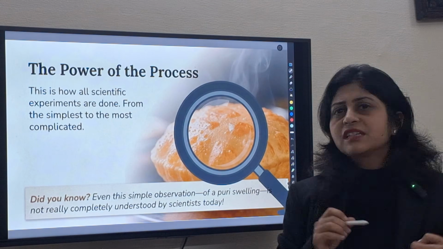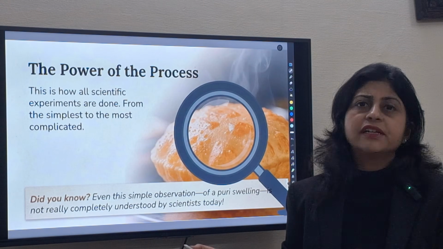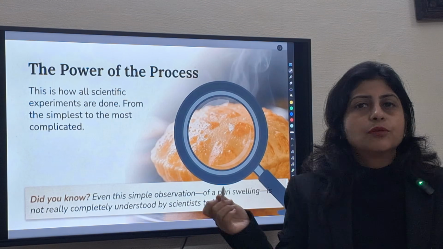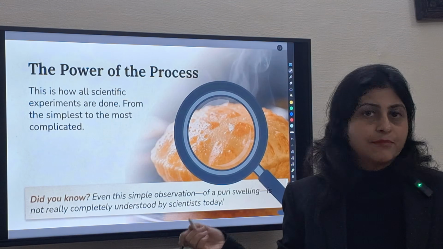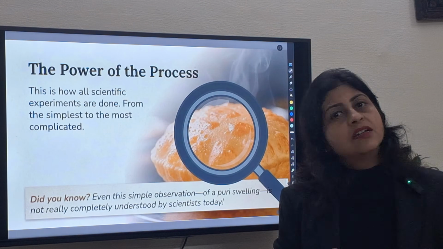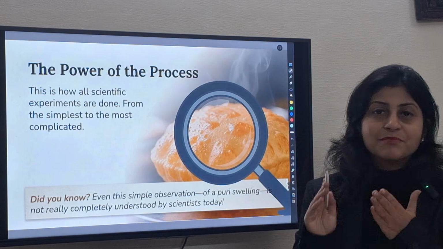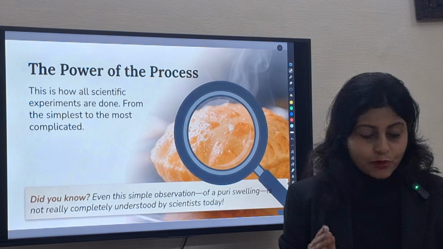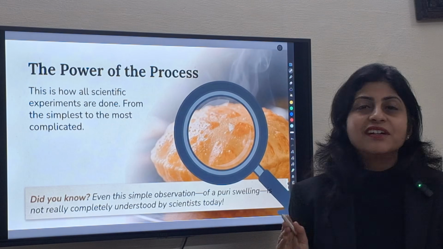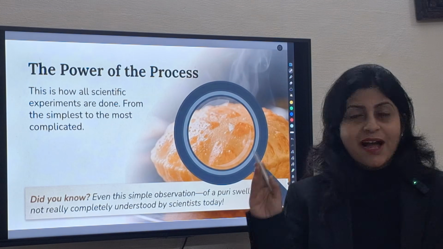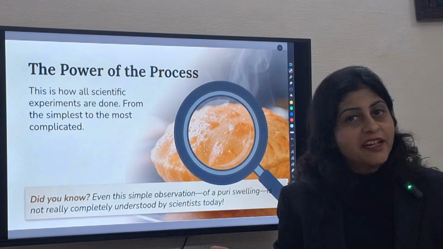Whether we perform a simple experiment as we did in our kitchen, or complicated experiments in our laboratory, the process remains the same. Did you know even the simple observation of a puri swelling is not completely understood by scientists even today?